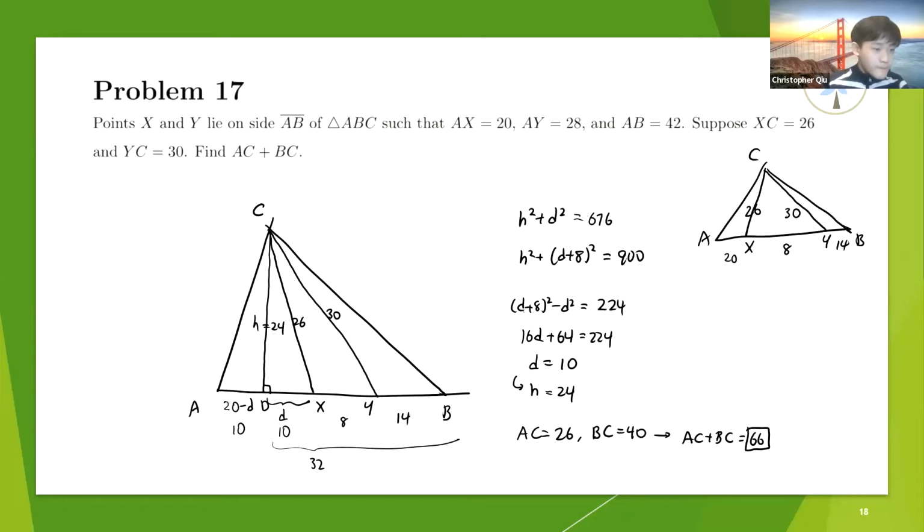So if we have this configuration, we can drop the altitude from C to AB as we did before. And then let's call this point D. And then let's let DX have length lowercase d again.